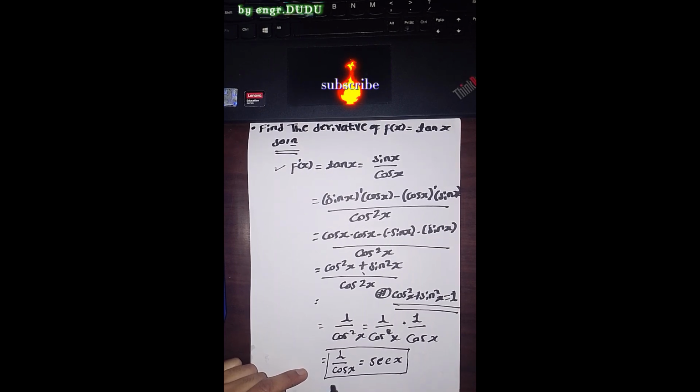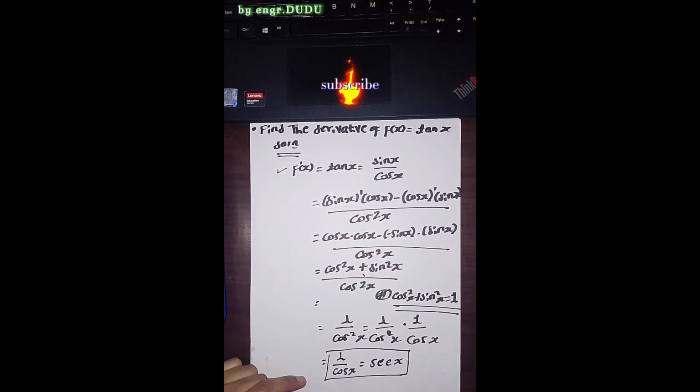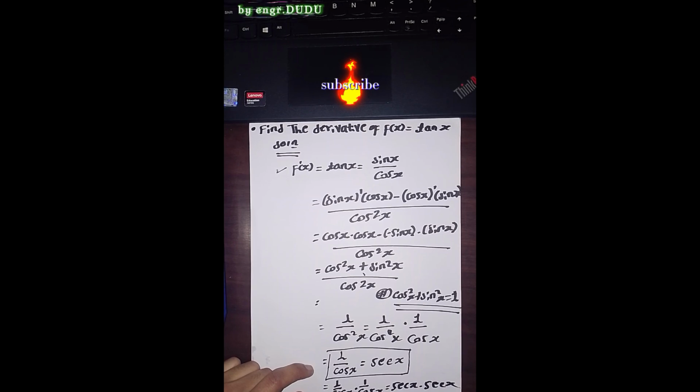So 1 over cos x times 1 over cos x means sec x times sec x.